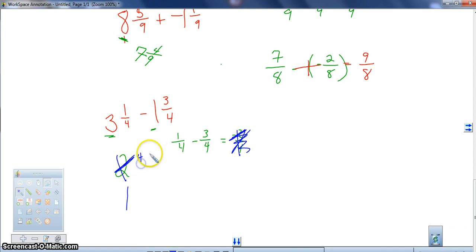So instead of saying 1 over 4, I'm going to make this 5 over 4 minus 3 over 4. Now 5 minus 3 is 2 over 4, and it's positive, so that works. Ooh, but one thing we can do, we can simplify. So this is 1, and 1 over 2 would be my answer. Okay? So you can't get a negative fraction when you have a mixed number, so you're going to have to borrow.